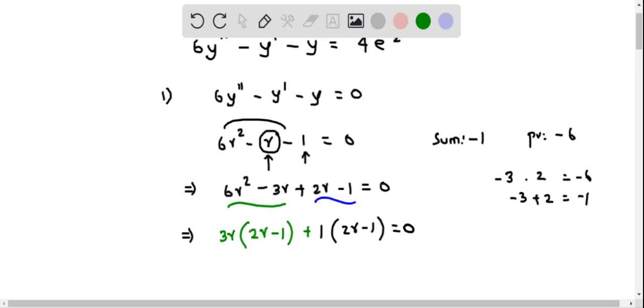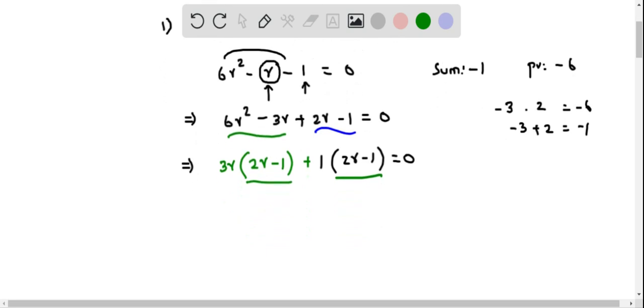Now looking at this equation, we have 2r minus 1 here as well as 2r minus 1, so this can be factored out. So it is 2r minus 1 times 3r plus 1. So we have written this quadratic equation in r in product form.